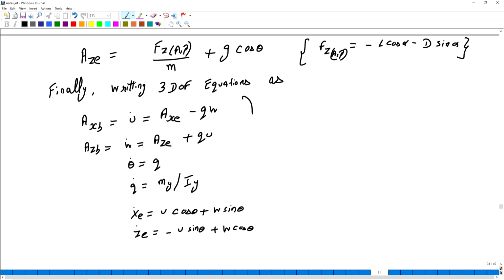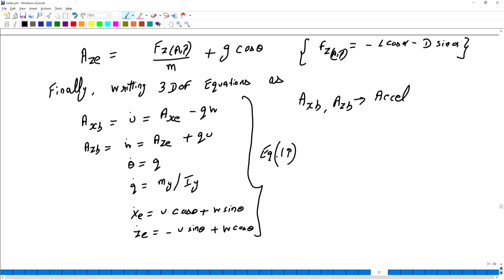Now let me take these equations as equation number 19. All right, where AXB and AZB are the accelerations of the body with respect to the body fixed coordinate frame.